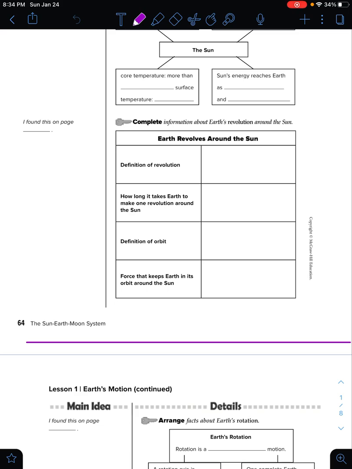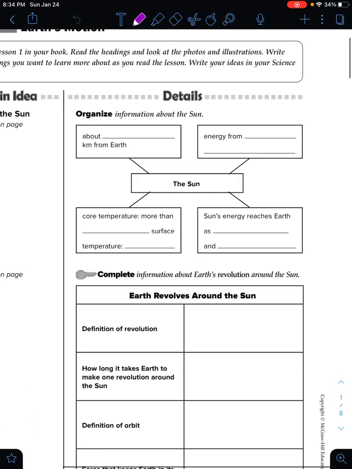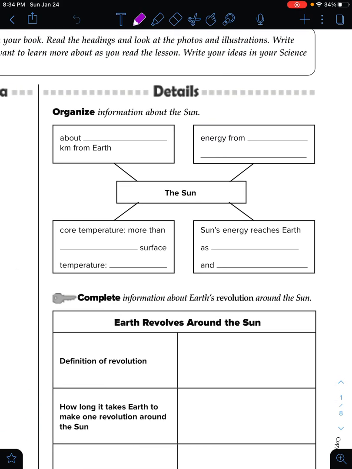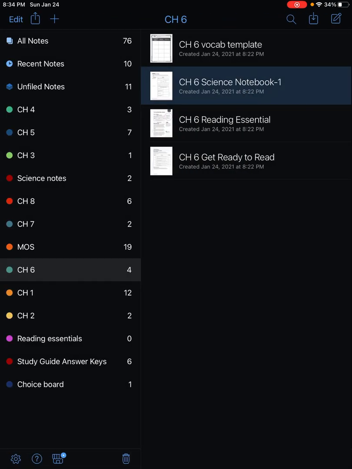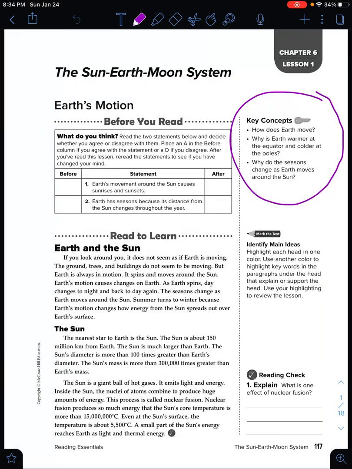That's as far as we're going to get today. Okay? So let's take a look at what we're going to be reading for. We're going to be finding some specific information about the sun that we will come and fill in the chart. All right? So let's go.